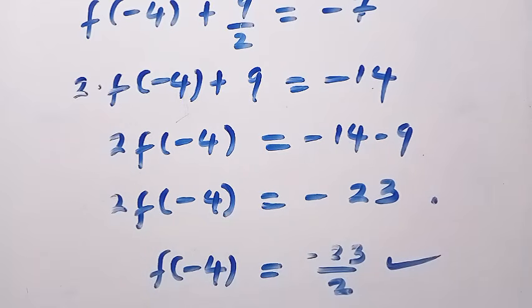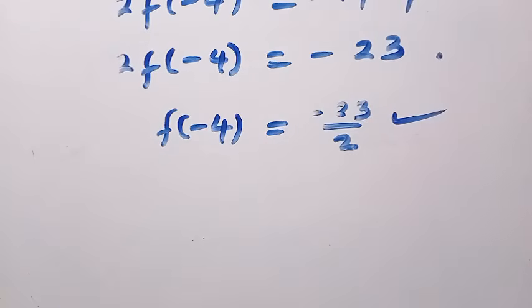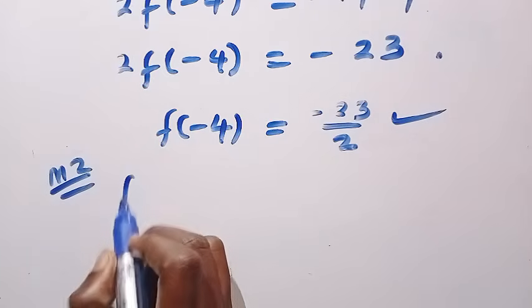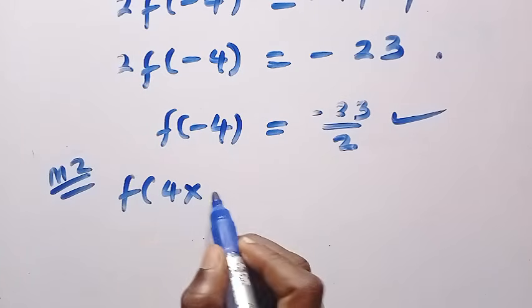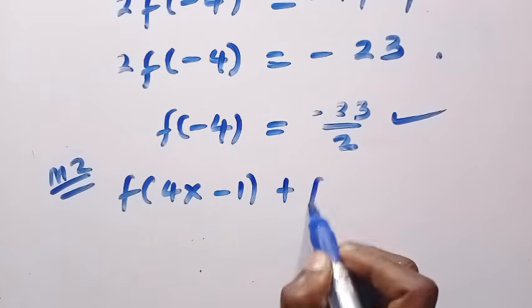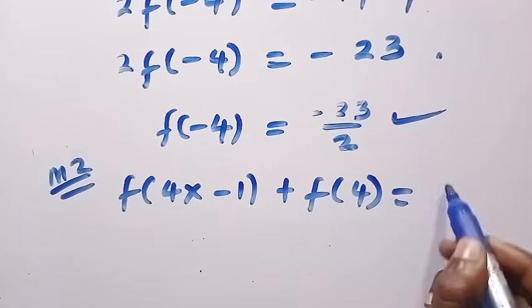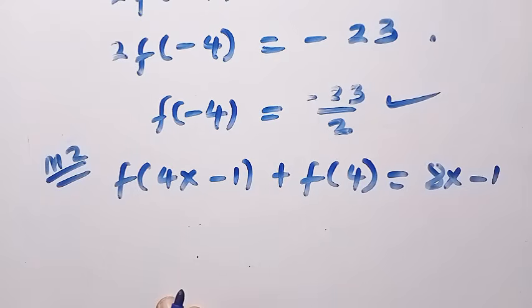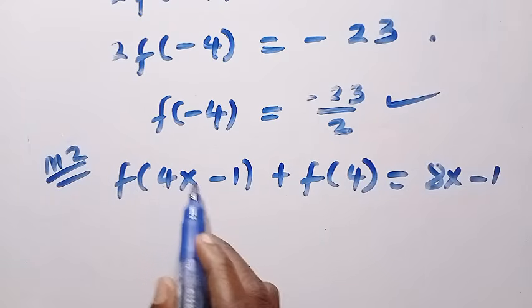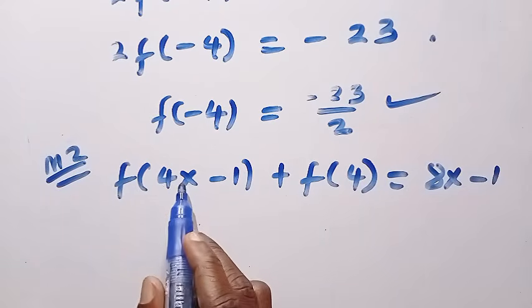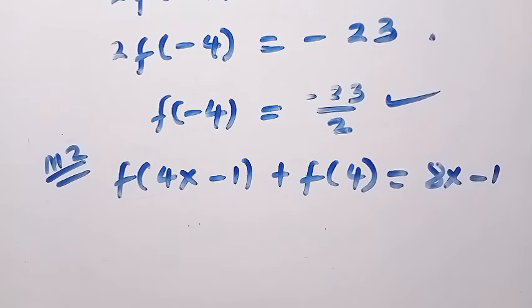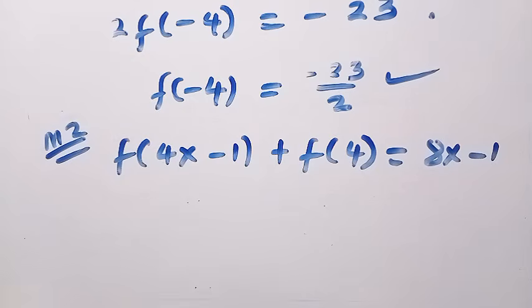And we can still solve this in another beautiful way. Let's see how we can do that. Now consider this as method 2. If we have f of 4x minus 1 plus f of 4 equals 8x minus 1, and to find f of minus 4, suppose I let this 4x minus 1 be equal to t.